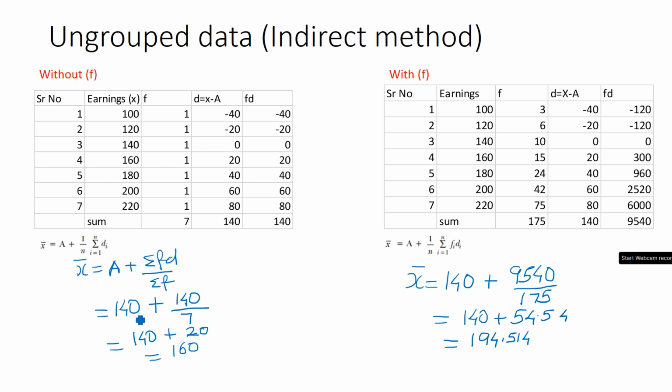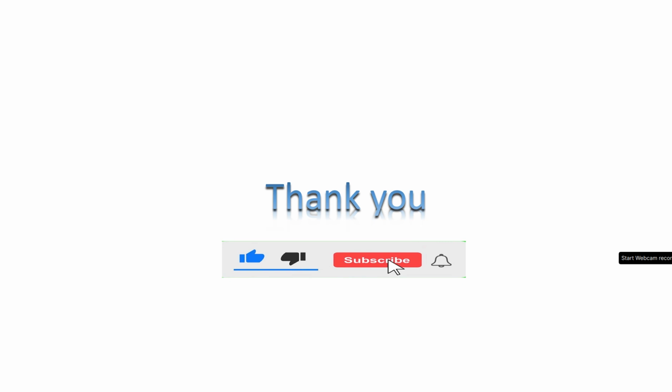So I considered 140 as my assumed mean, plus summation fd, my deviations multiplied by the frequency, divided by the total frequency, which adds up to the same x bar or average. Hope these calculations were clear to you.